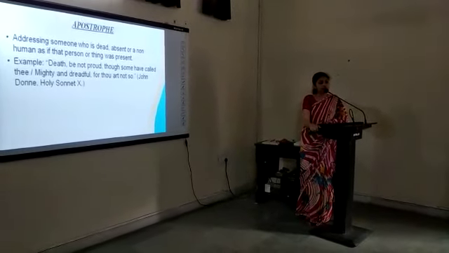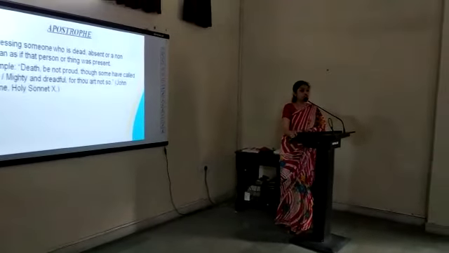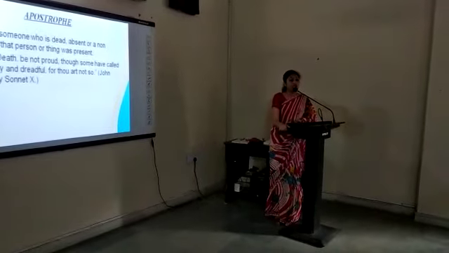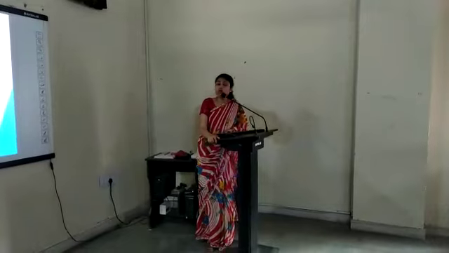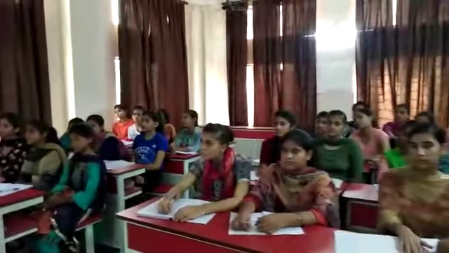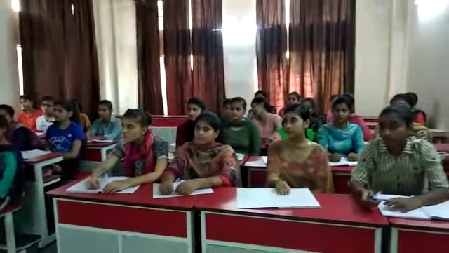What is the difference between apostrophe and personification? In personification, we give human attributes to abstract stuff. But in apostrophe, we only address them. I hope now the meaning of apostrophe is clear to everyone. So these were some basic figures of speech in your syllabus. I hope you will come up with many more examples.